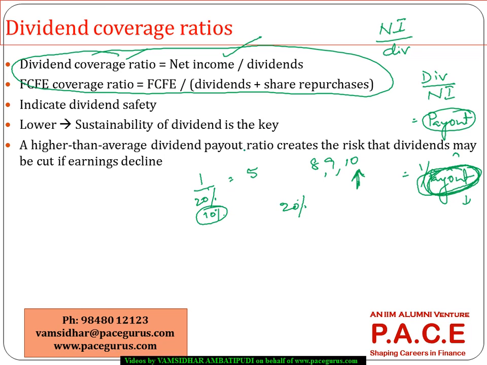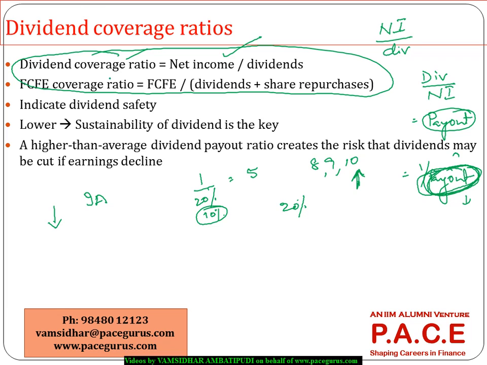But this company has made a payout of 20%. Now, can it sustain that kind of payout in future? If the dividend coverage ratio is much lower than the industry average, it is perceived that there might be a sustainability issue for the company to maintain that proportion of dividends in future. So the company has to really focus on maintaining sustainability, otherwise it will send wrong signals into the market.